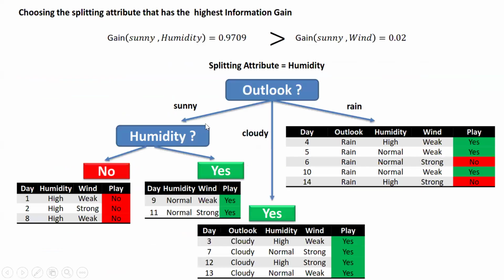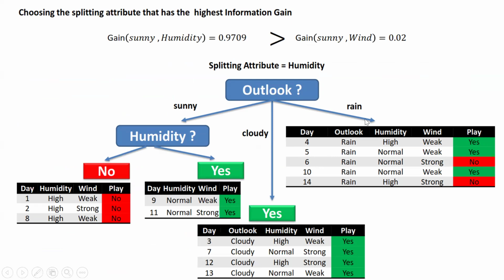We see that outlook along with humidity takes a greater value, so that becomes the leftmost child of the outlook. When the outlook is cloudy, there is no mix-up of class labels, and on all the days they had gone out and played. That's not a problem.